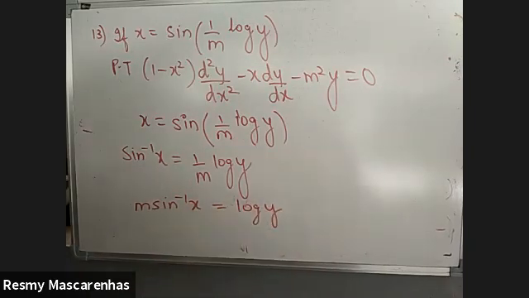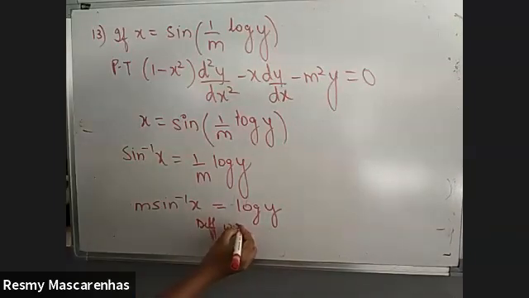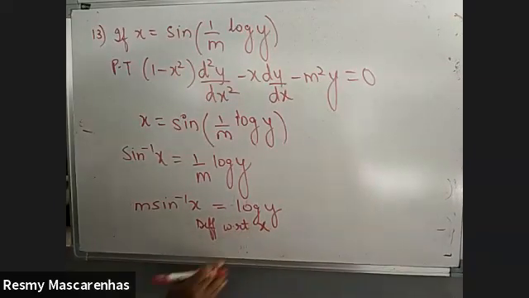So this is simple enough. Just one term this side, one term this side. M is anyways a number, you don't have to worry. Now differentiate with respect to x. If you want, you can write log y this side, m sine inverse x that side. Doesn't matter.